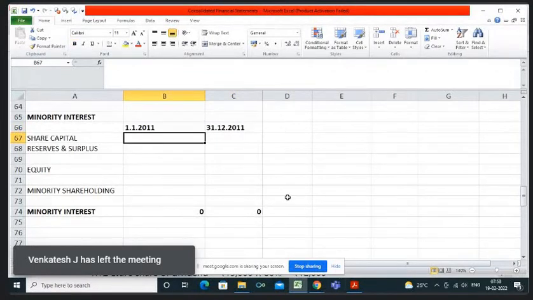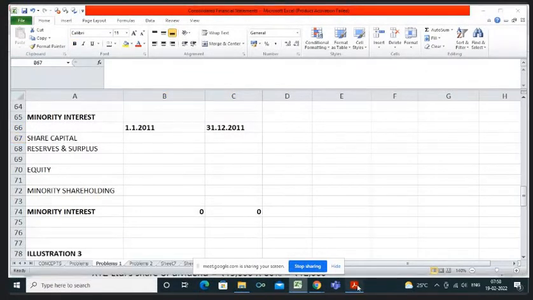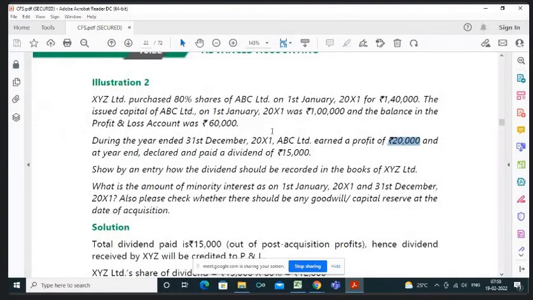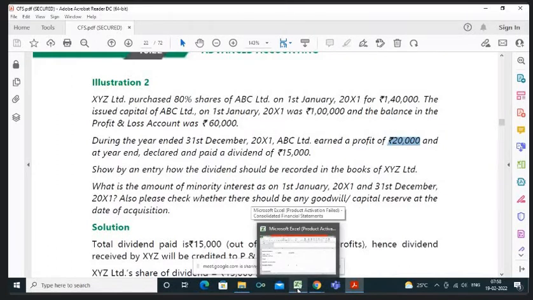So we have to see how much is the share capital and reserves and surplus. On 1/1/2011, the capital was 1 lakh, and there is no additional information about what happened during the year ended 31st December 2011, so we'll assume the same thing continues.